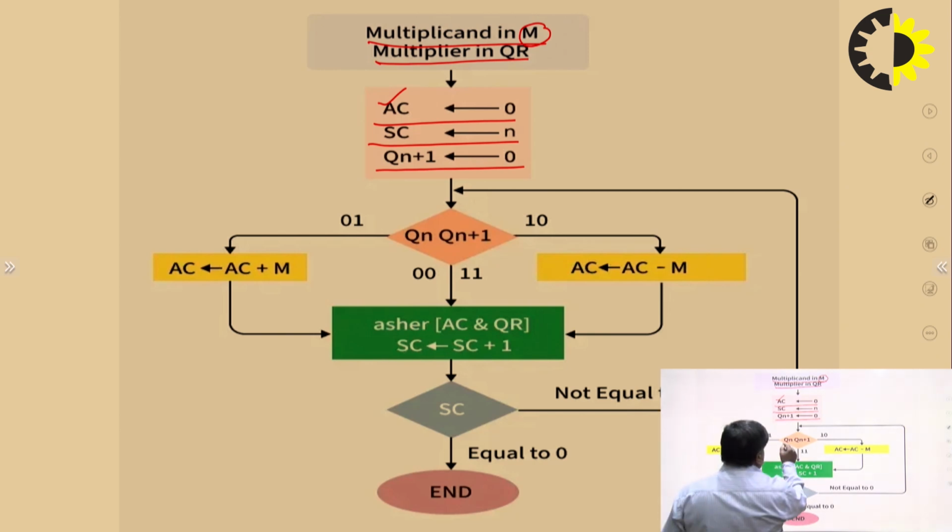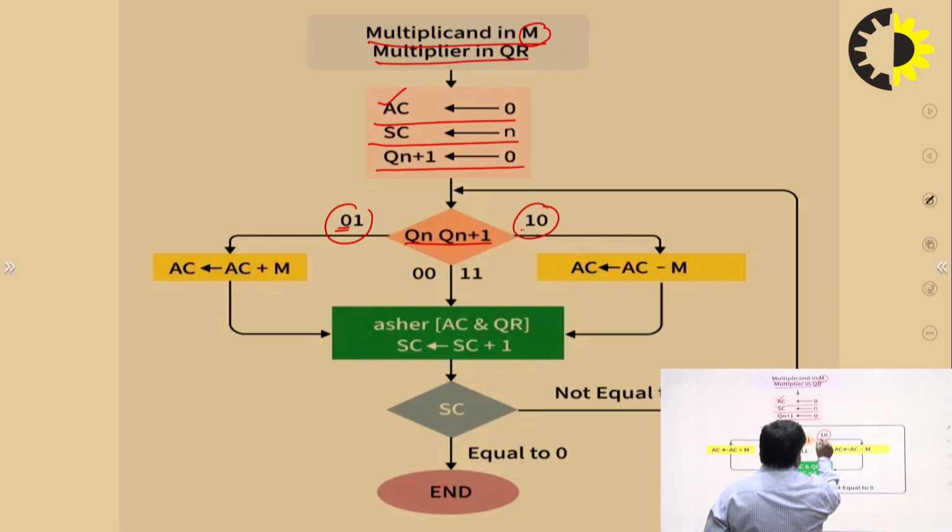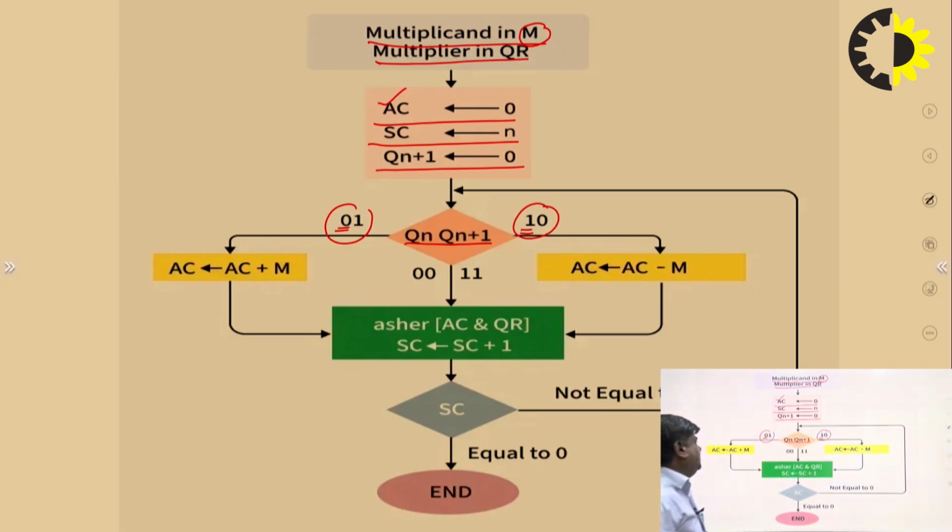Now the second step: we check Qn and Qn plus 1. If it is 0, then we test only the first bit. 0 stands for positive and 1 stands for negative. It means if it is 0, 1, we add AC and the multiplicand.